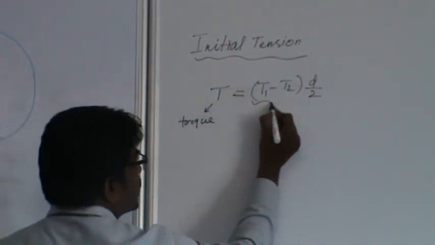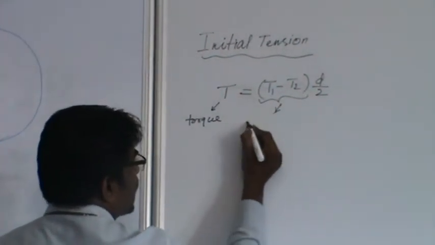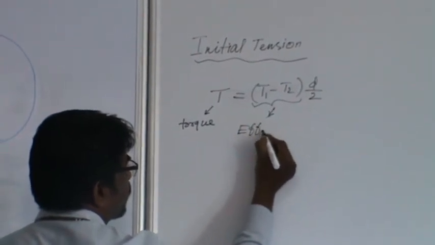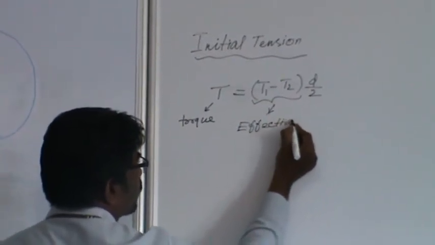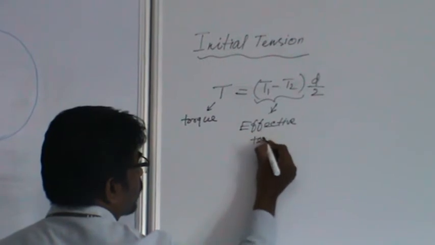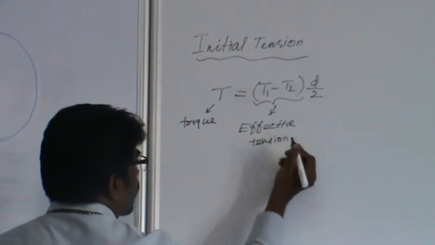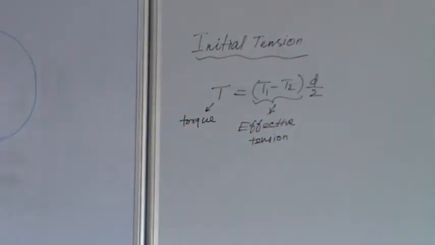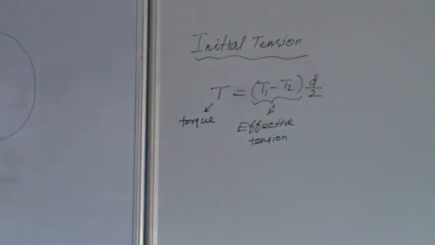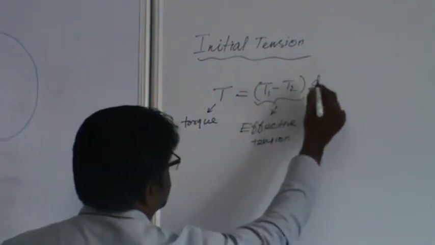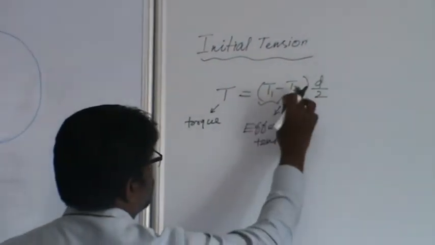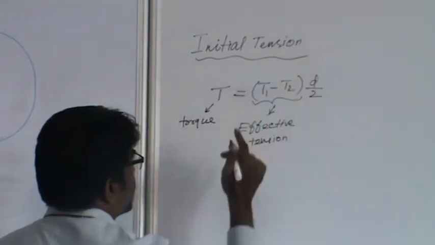What is this? This is the effective tension in the belt which transmits the torque. So T is (T1 minus T2) times D by 2.